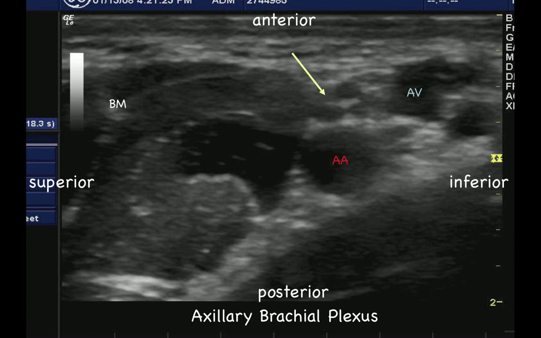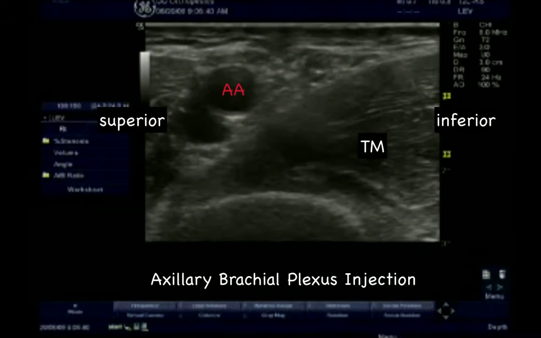My first arrow is pointing towards a cluster of hypoechoic nodules that represent the median nerve. This would be the ulnar nerve, a little bit more inferior and posterior to the artery, and, a little less visible, the radial nerve. You can also always see the large body of the triceps muscle.